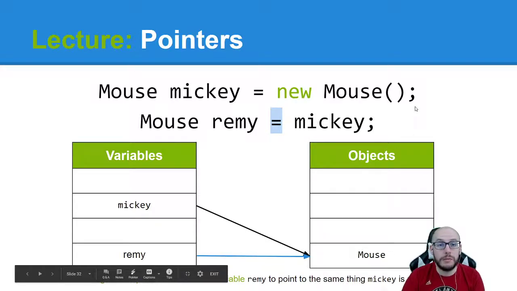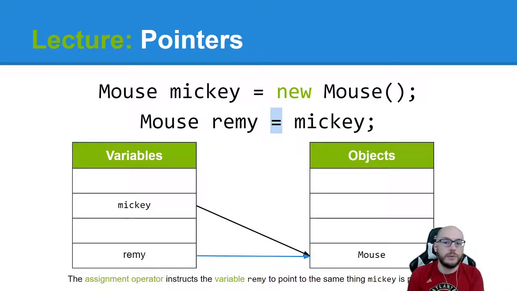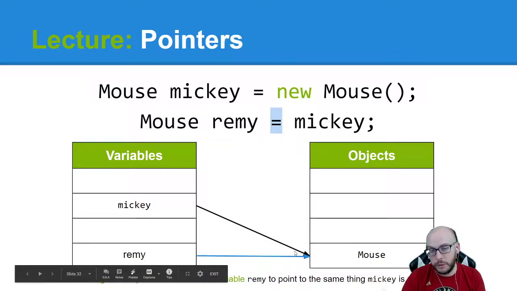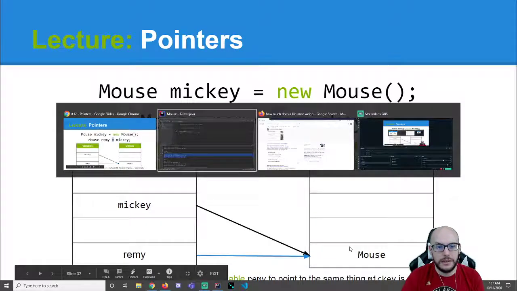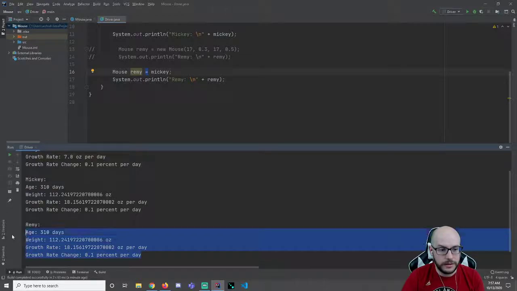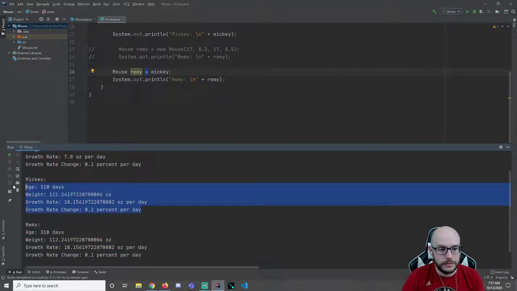This is why it's so important to recognize that these are separate entities. The variable is separate from the object. Why? Because I have two variables that are actually pointing to or referencing the same object. That's why they have the same state. It's literally the same object. I'm going through a different variable, but it's the same object.